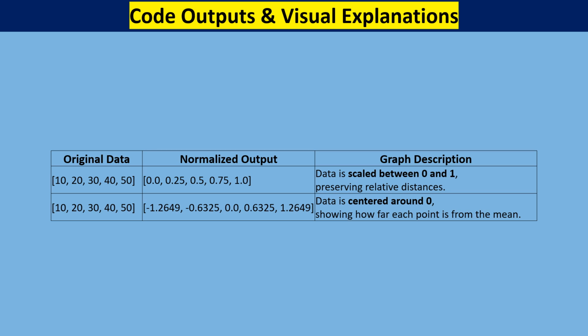Min-max normalization. Here we have used min-max scaling for a simple dataset. Original values are 10, 20, 30, 40, 50. In the output, the smallest value, 10, becomes 0 and the largest, 50, becomes 1. All intermediate values are scaled proportionally between these two.